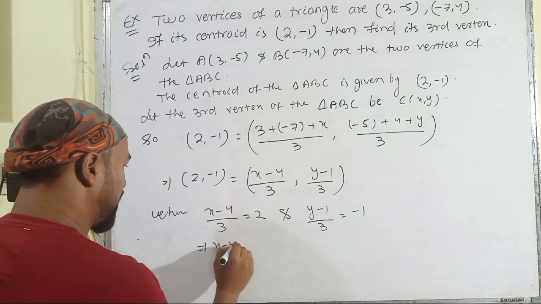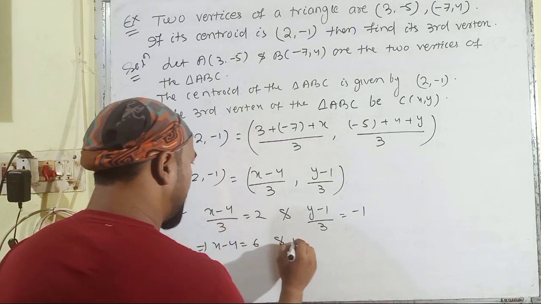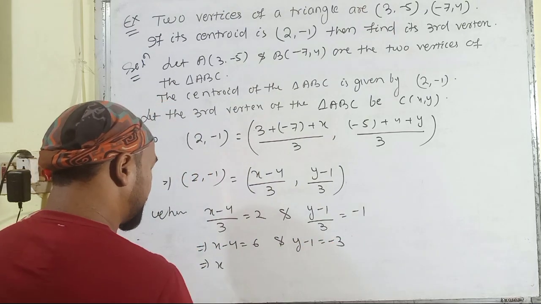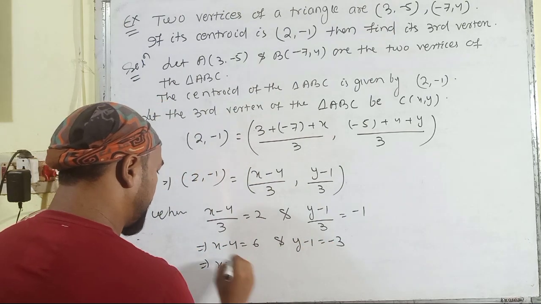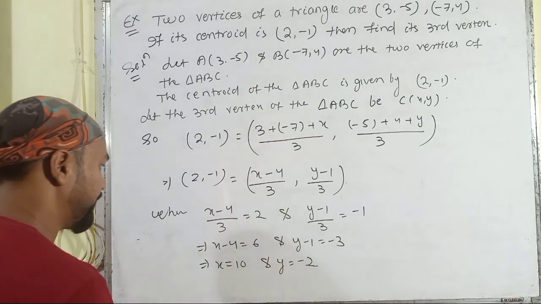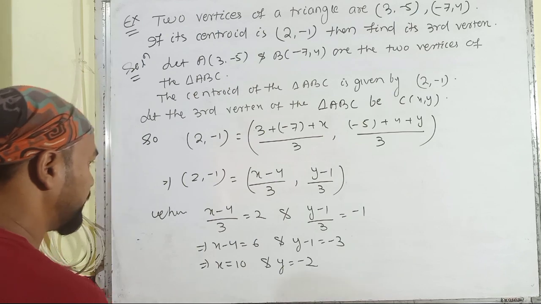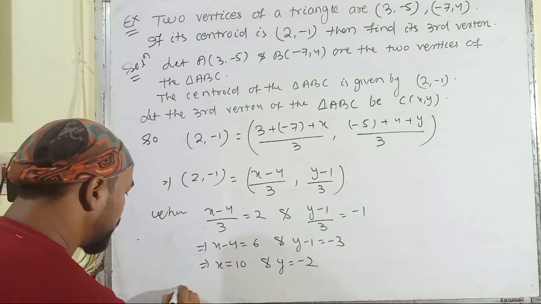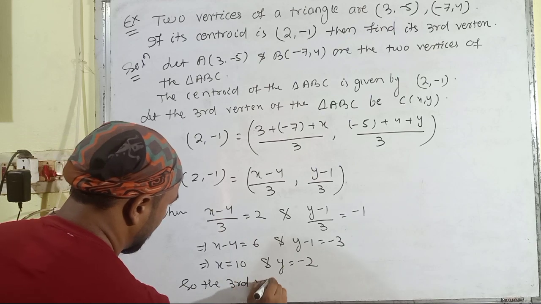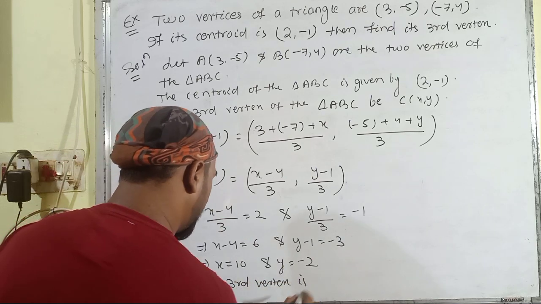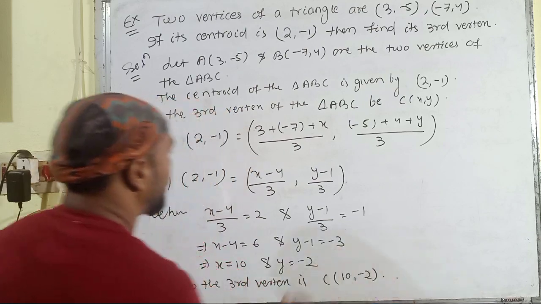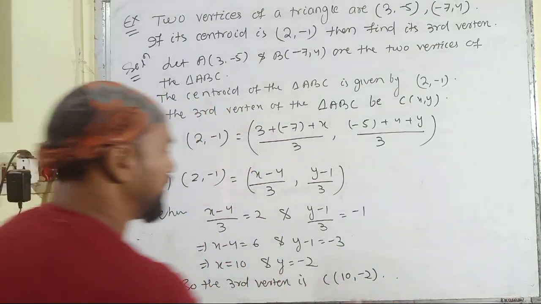That implies x - 4 is equal to 6 and y - 1 is equal to -3. So x is equal to 10 and y is equal to -2. So the third vertex is C(10, -2), and here is your complete answer.